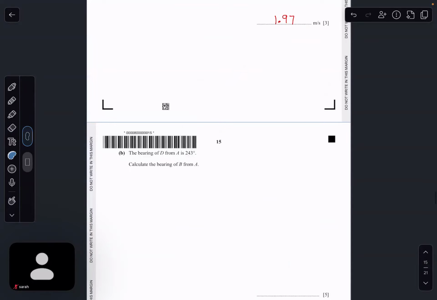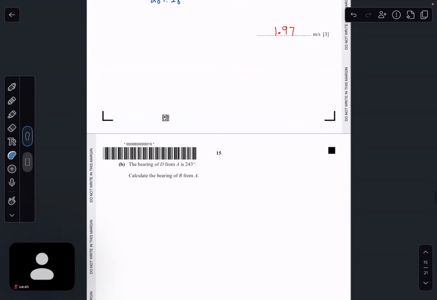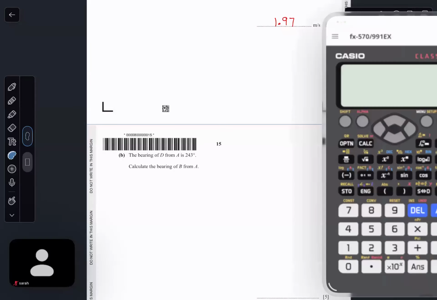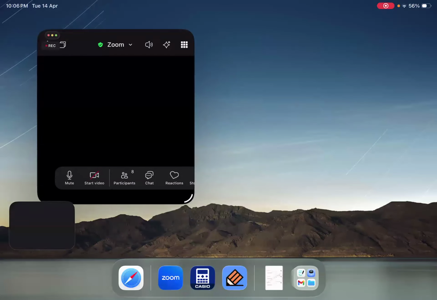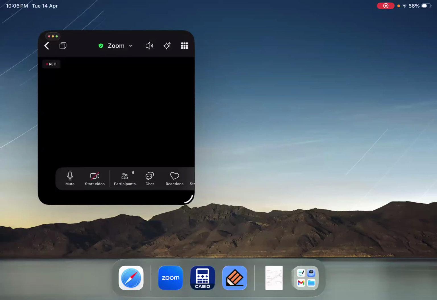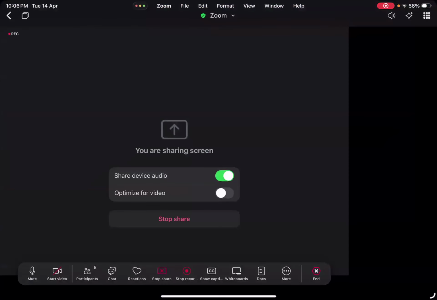Okay. The bearing of D from A. Let's look at it. Wait. I'm just going to stop the screen sharing. Now I'm going to pause the recording. Wait. And then see.